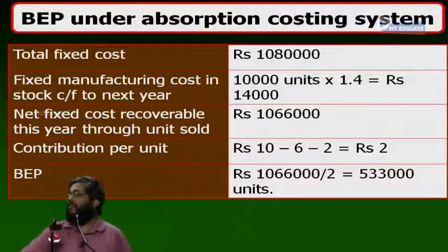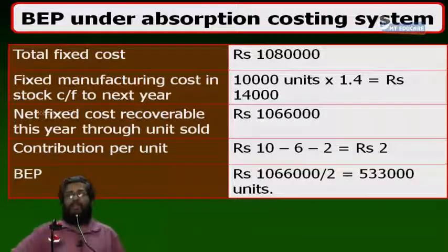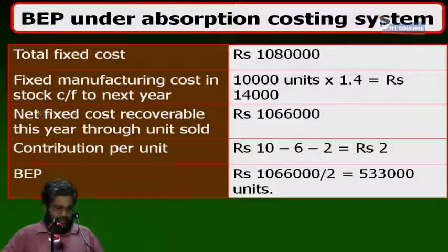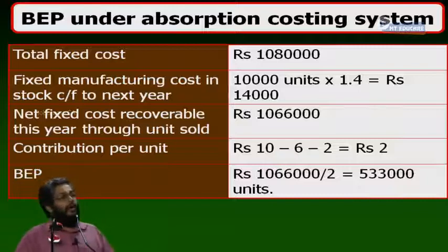Next. Point number 3 or 4? Point number 4. Similarly, when there is net opening stock, the sales should recover not only the current year fixed cost, but also a portion of what?